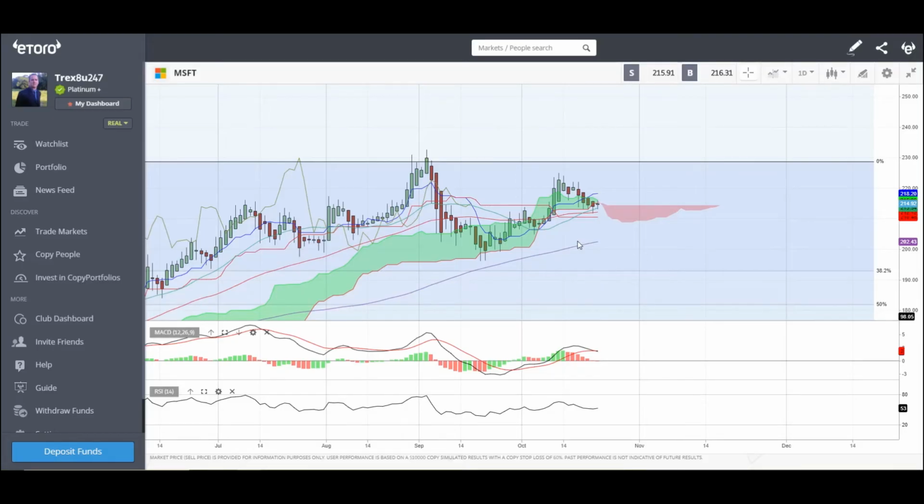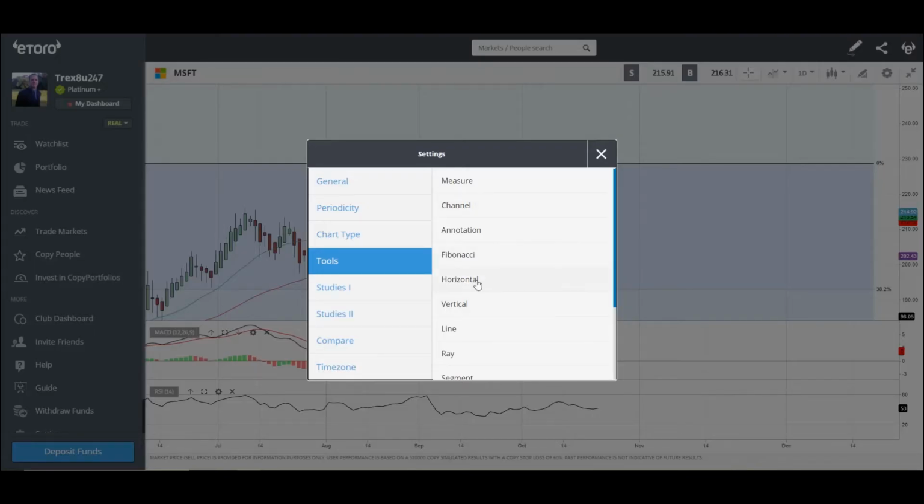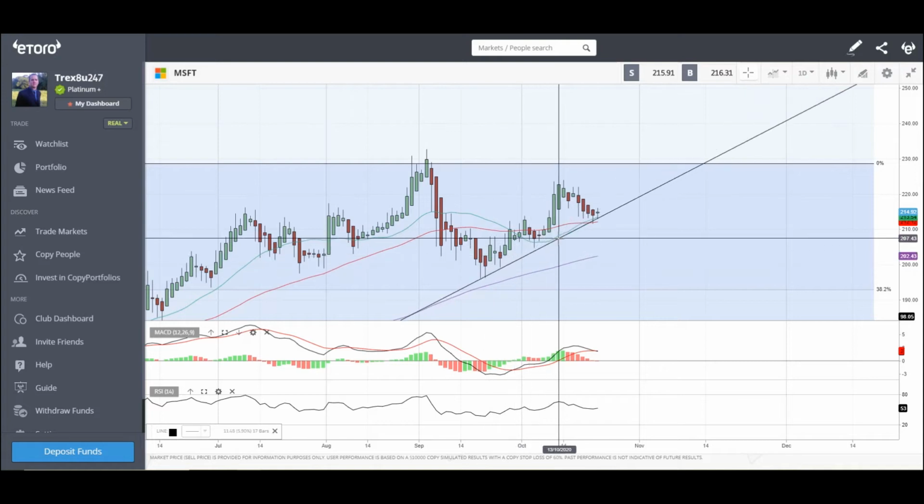As you can see there, the 20 is dropping below the 50, which is an indication that the trend could be moving or changing direction.